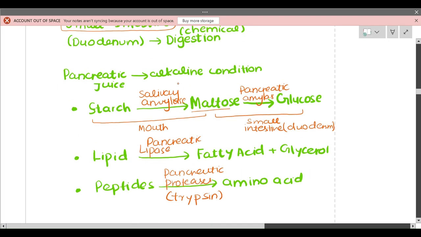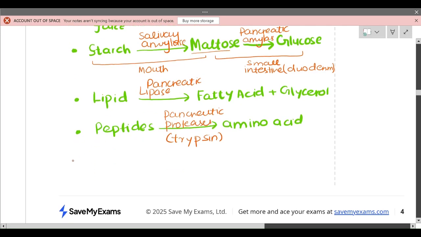When we said we need to create alkaline conditions, how can we maintain these alkaline conditions? Alkaline conditions are needed because all of the enzymes of the duodenum work in an alkaline or basic environment.